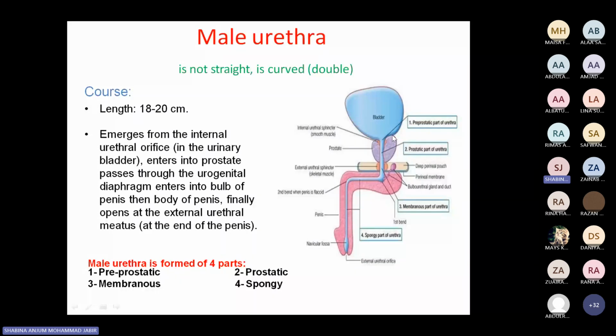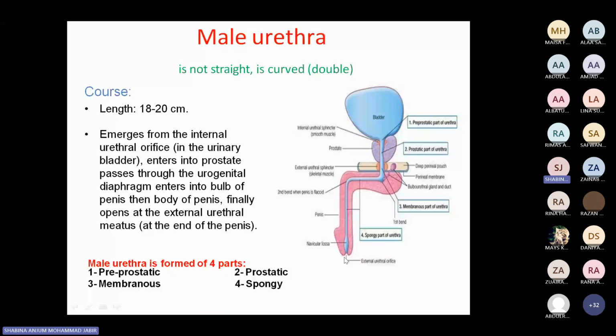From here, it has the internal urethral orifice. From here it will enter the prostate, then go into the urogenital diaphragm, then into the bulb of the penis, and finally open at the external urethral orifice. So from the internal to the external urethral orifice.